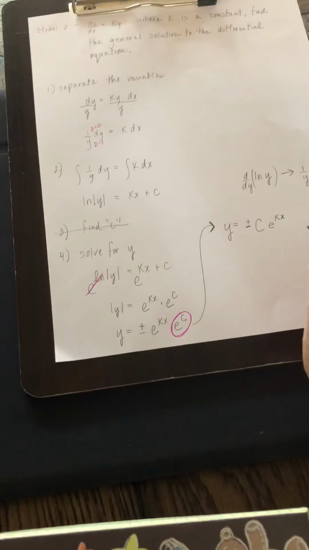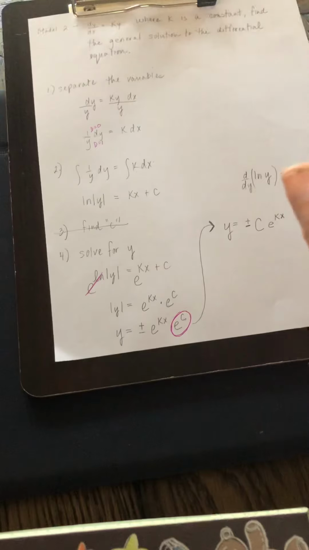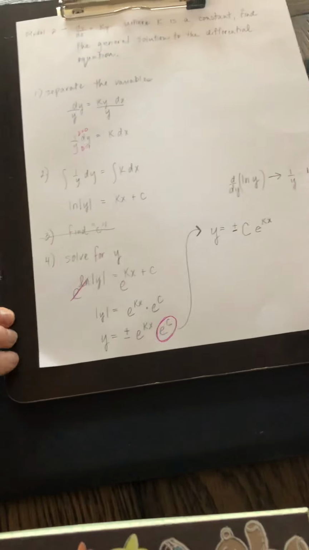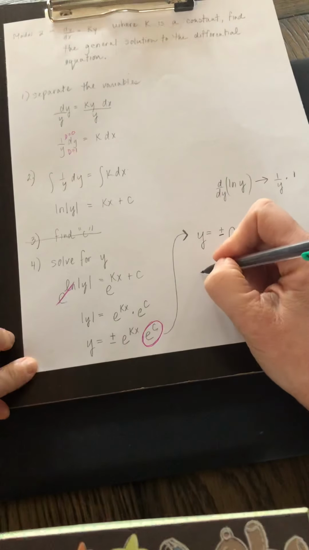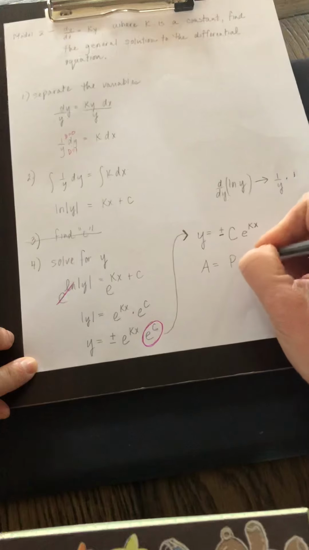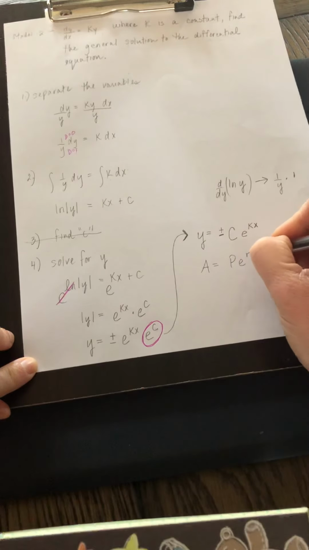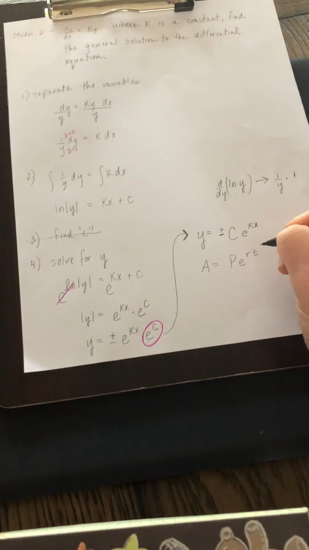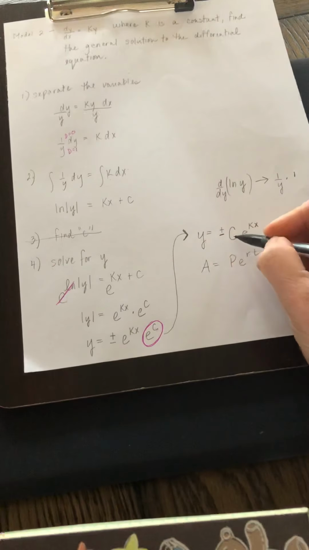And curious if this formula looks a little familiar. The letters are not necessarily the same, but do you recall the A-PERT formula that you learned in Algebra 2? Has the same exact formation.